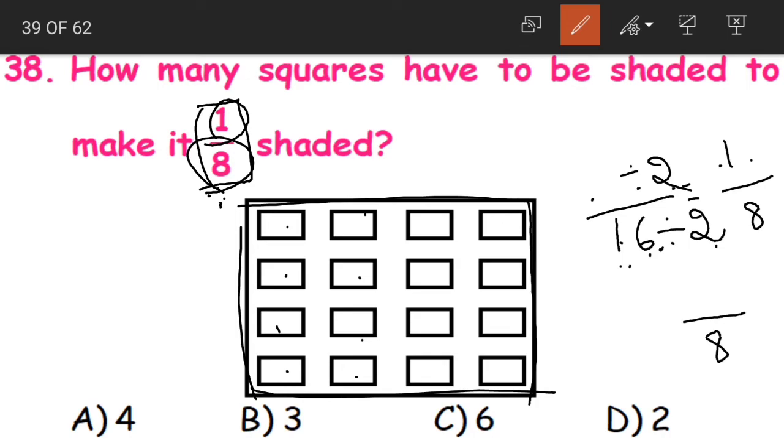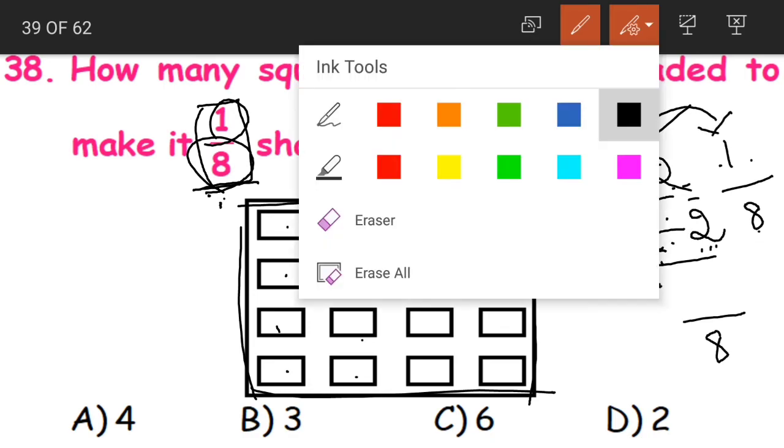As we are dividing the denominator by 2, the numerator should also be divided by 2. Yes or no? That is the rule of our equivalent fractions. So what number should be there here? 2. Yes, 2 divided by 2 will give us 1.